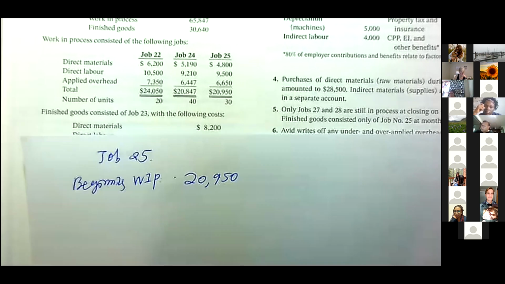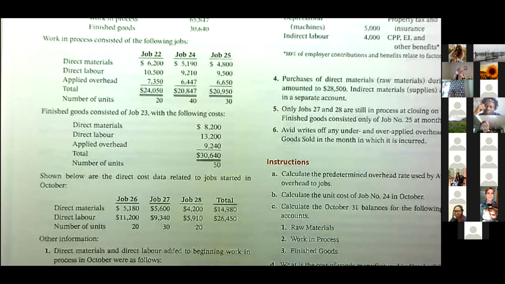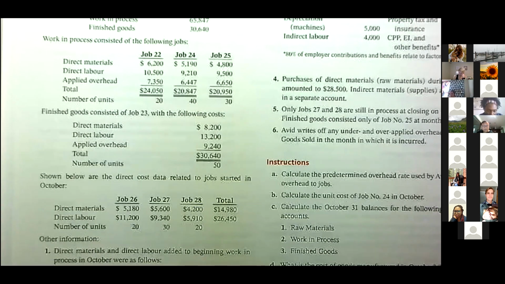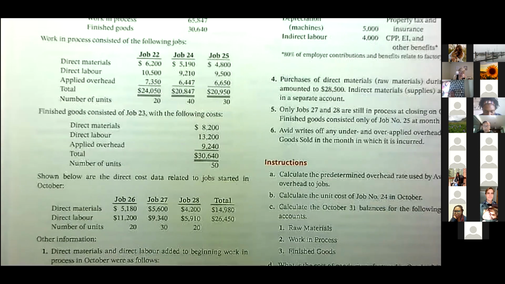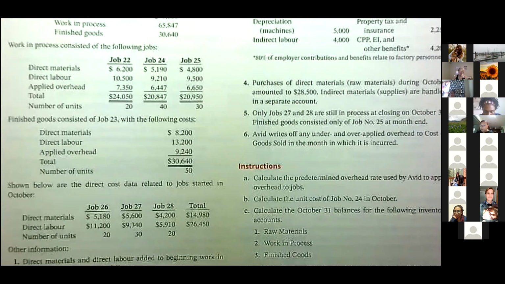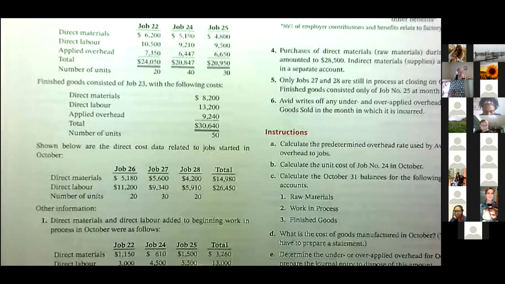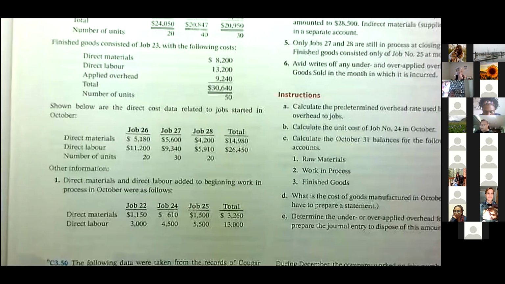And then in October, they added more cost for job 25. We have more information on that, right here.